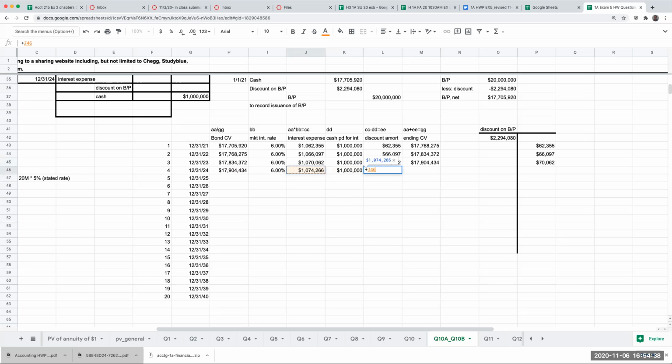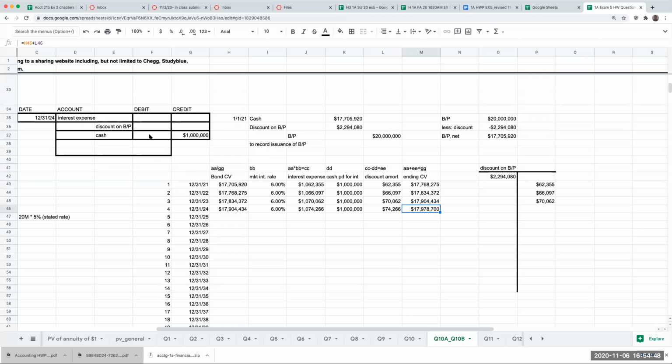So over here, my discount amortization is $74,266. So my ending carrying value here will be $17,978. So my interest expense is going to be this $1,074,000. And my amortization of my discount will be $74,266.